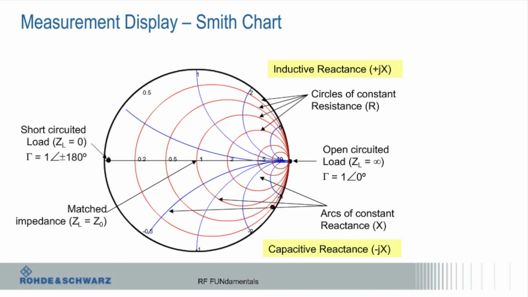After you've done a calibration, assuming you did it correctly, if you put a short on here, ideally, if it was a perfect short, and this is going to lead to a question, you'd get a dot out here, okay? And if I put an open on, I'd get a dot here, and if I had 50 ohms, here. Then moving down, I have more capacitive reactance, and moving up, I have inductive reactance, and that's on these circles.